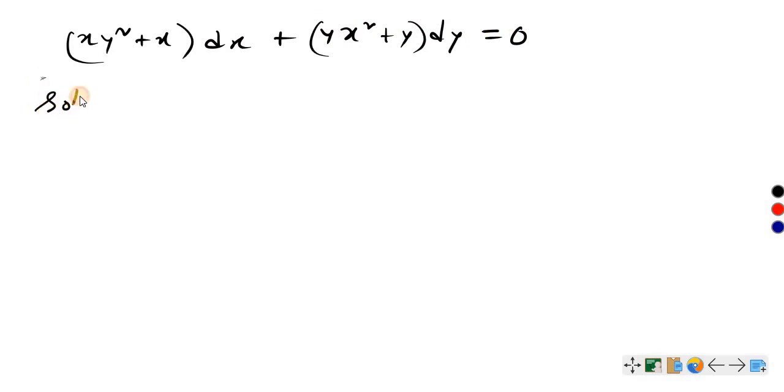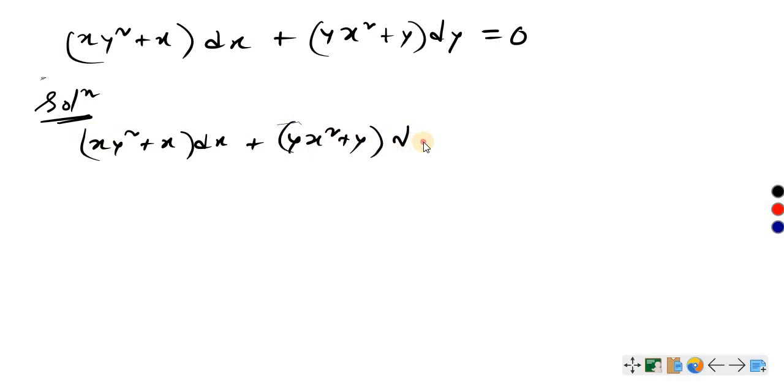So here the solution will be what? At first separate the two. So this is the question. We can write it in this way also.